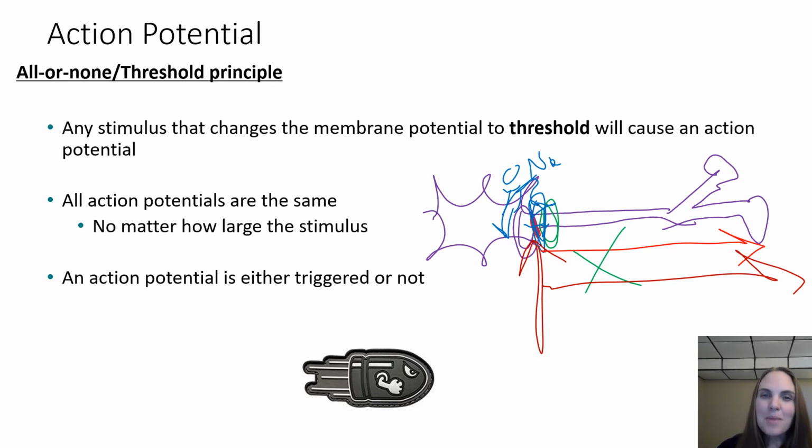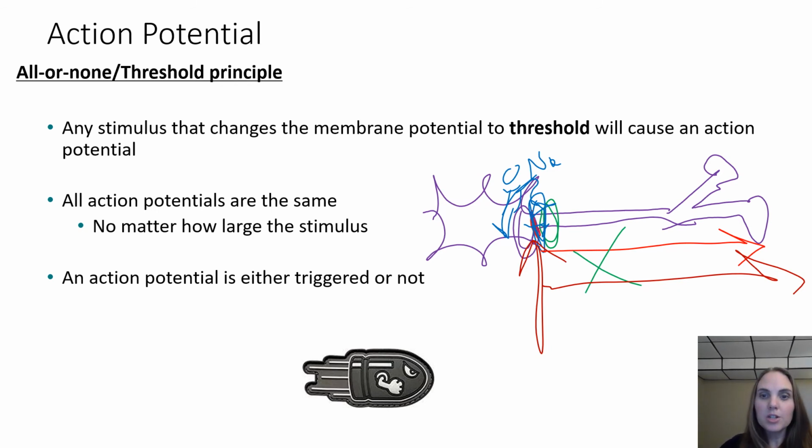And it doesn't matter if you pull the trigger just enough to fire the gun, or if you pull it super hard, that bullet's going to be fired either way, and it's going to go at the same speed. It's not like if you pull the trigger extra hard, the bullet's going to go faster. But if you do not pull the trigger hard enough to reach that threshold, no bullet is going to leave the chamber. So that's kind of how the action potential works.